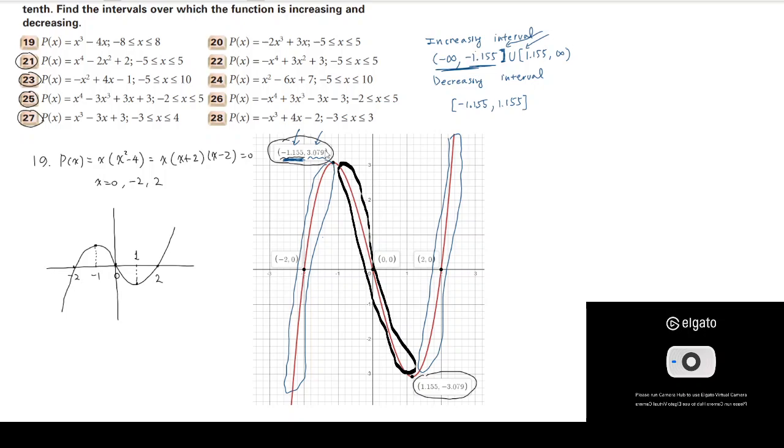It still increases. So you have to include this point in the increasing interval, okay? That is why I include the end value of negative 1.155. Okay, same thing is true for this bracket and this bracket and this bracket. All right? So if you don't understand what I'm saying, you should come and ask during class, okay? All right?